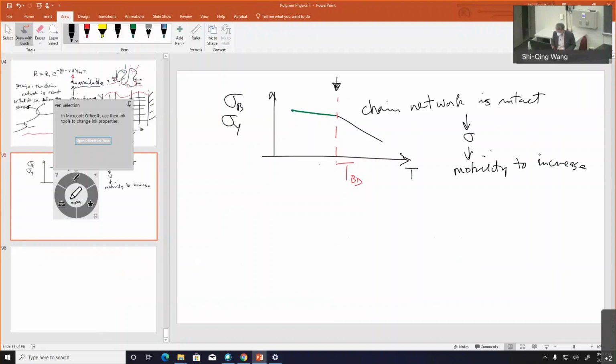Or, you may speculate, maybe the chain network breaks down on this side. Fair? You see how simple this is? At least, again, you see the power of this approach. It's called, my favorite word, phenomenological.